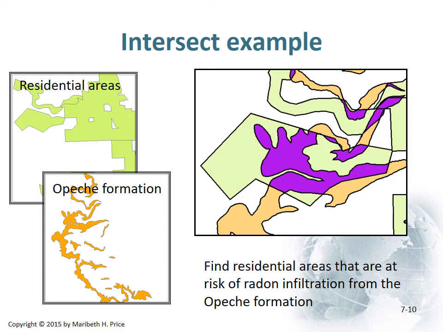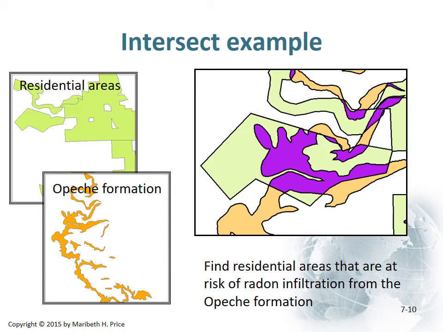So if we were to buy a house, are we likely to buy a house that is radon free, or is it one that may be susceptible to radon infiltration? And so the intersection gives us an idea about that. So what we're seeing in the resulting data set is the intersection between residential areas and the Opeche Formation, shown in purple.